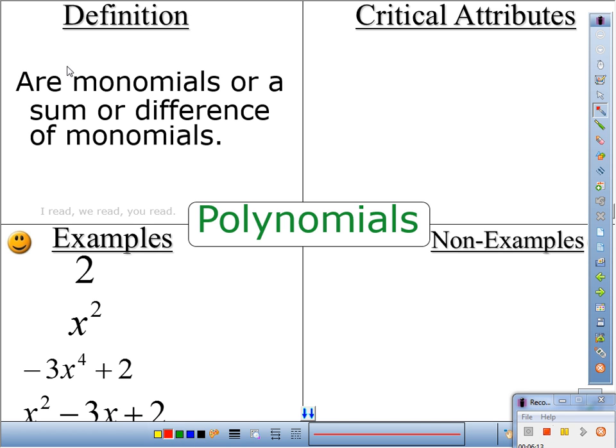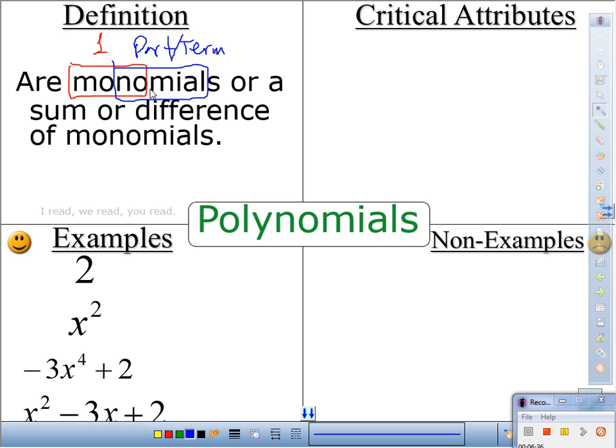The word monomial has two parts. Mono means one. Nomial means part, or term.